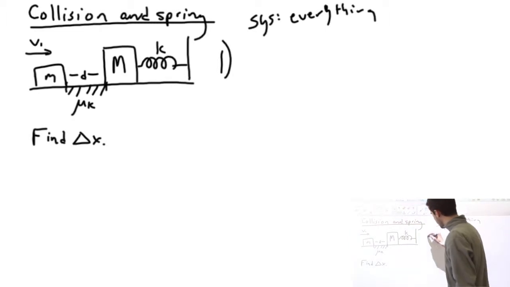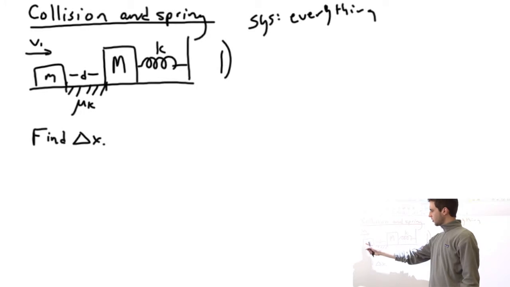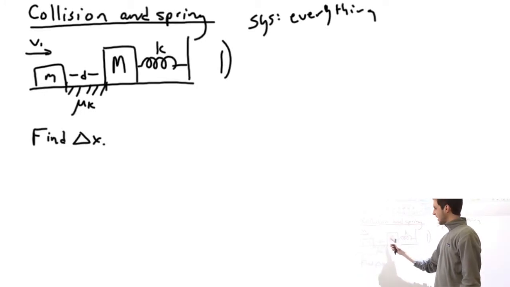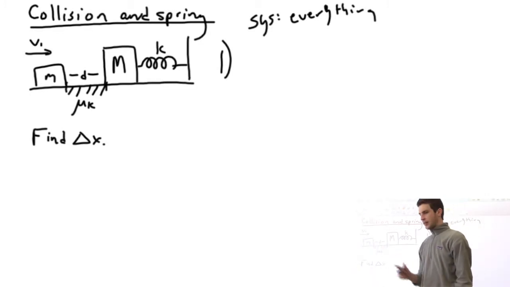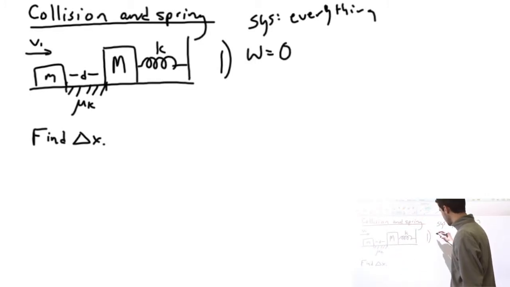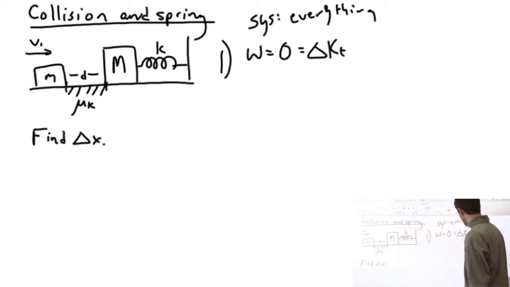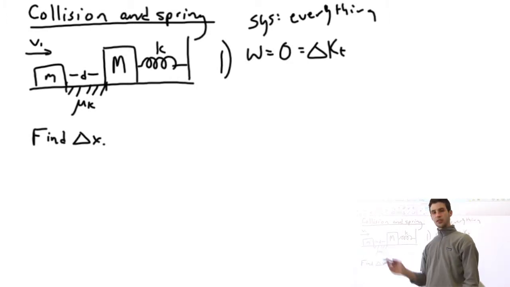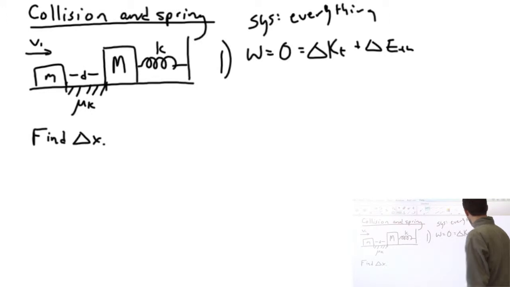Now, for the first interval we're looking at, starting with this block moving to the right and ending with these two blocks colliding, I know that I've got a change in delta K translational, because this block slows down. I know work equals 0. I also know that there's kinetic friction, and this leads to a delta E thermal term.